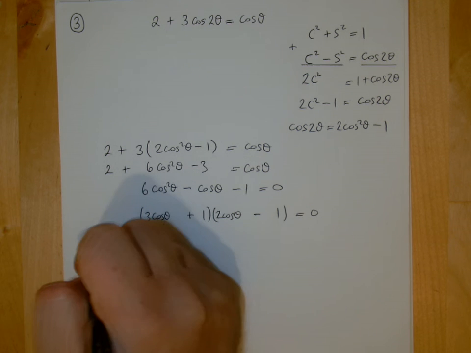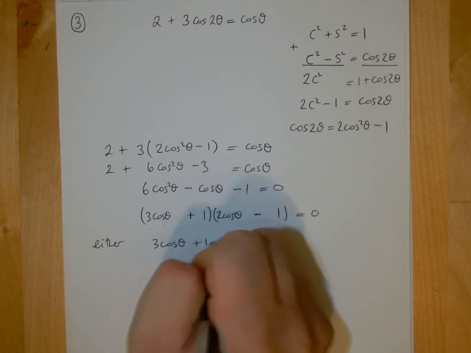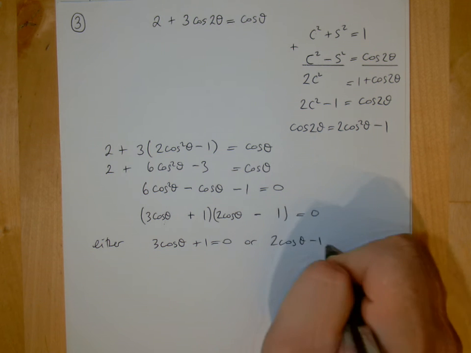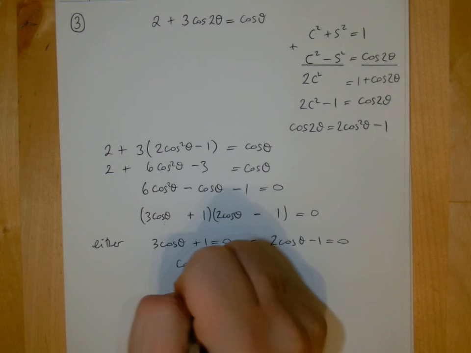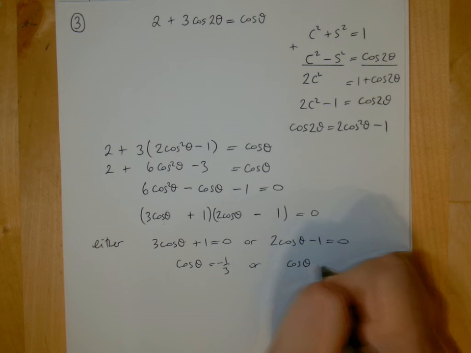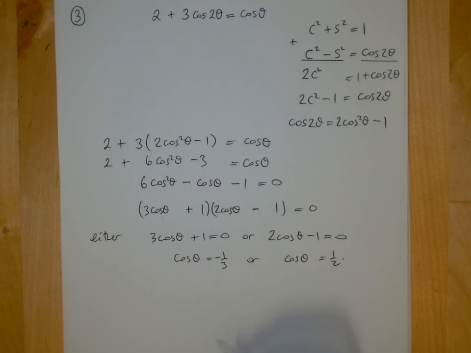So we say then either 3 cos theta plus 1 equals 0, or 2 cos theta minus 1 equals 0. So cos theta equals minus 1/3, or cos theta equals 1/2. Then we get our results.